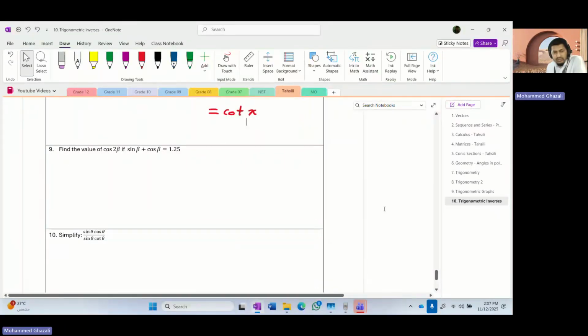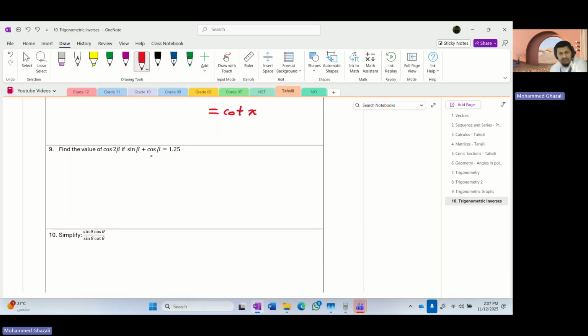Find the value of cos 2 beta if sine beta plus cos beta is equal to 1.25. So we're going to use a squaring technique because we want cos double angle and we have a single angle. So we're going to square both sides, right?